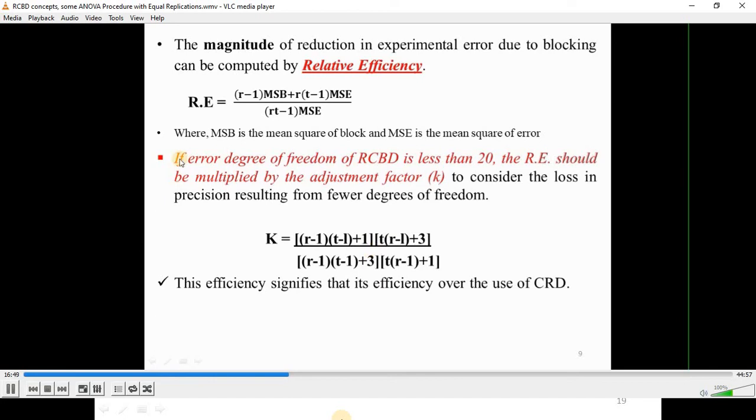In such a case, we have to use this mathematical formula: r minus 1 times the mean square of the block, plus r times t minus 1 times the mean square of error, divided by the multiplication of replication by treatment minus 1, times the mean square of error, where MSB is the mean square of block, whereas MSE is the mean square of error.